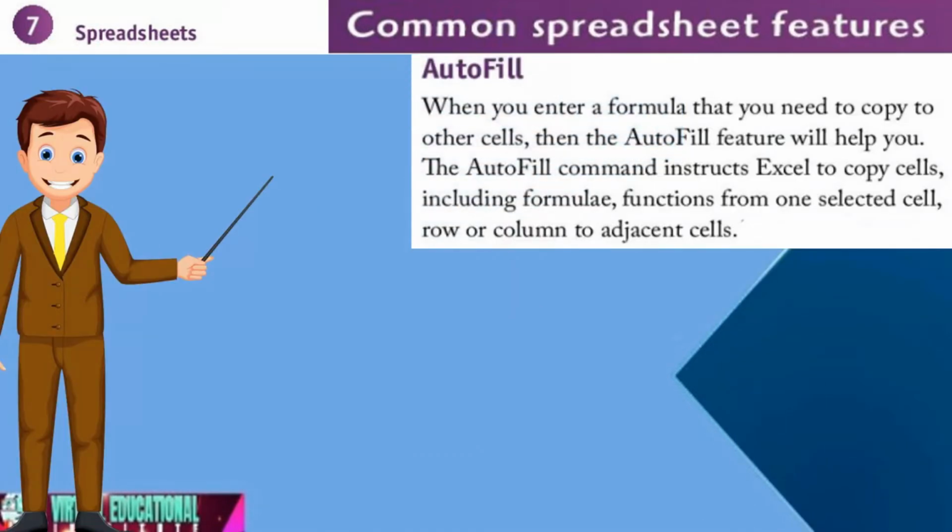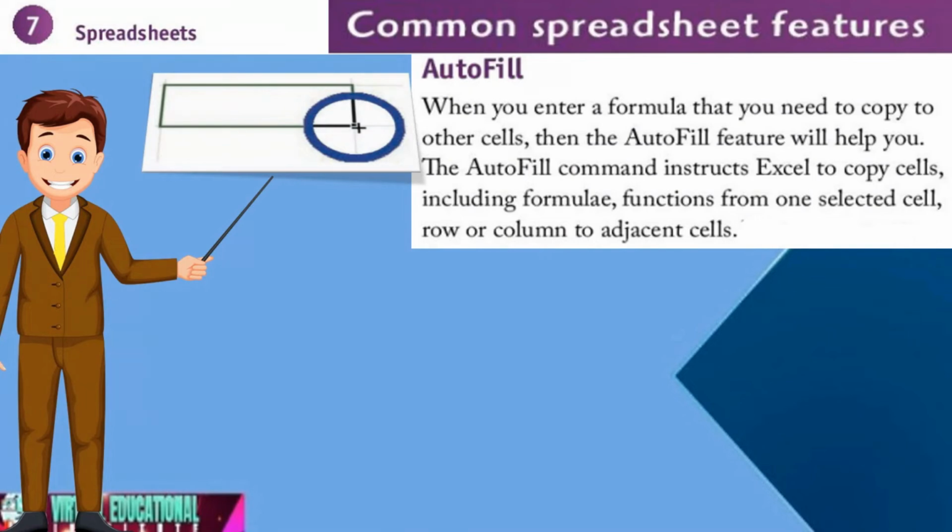Now, let's turn our attention to autofill. When you create a formula that you need to copy to other cells, then the autofill feature will help you. Meaning, the autofill command instructs Excel to copy cells, including formulas and functions, from one selected cell, row, or column to adjacent cells.